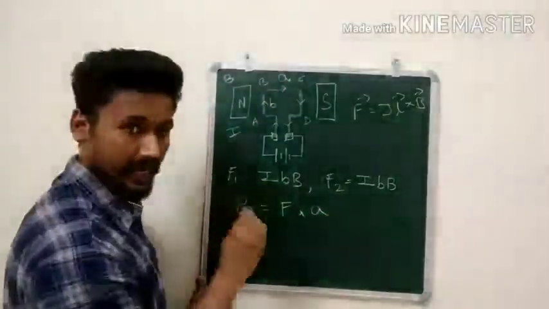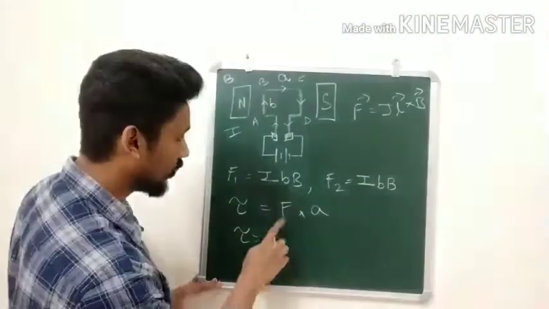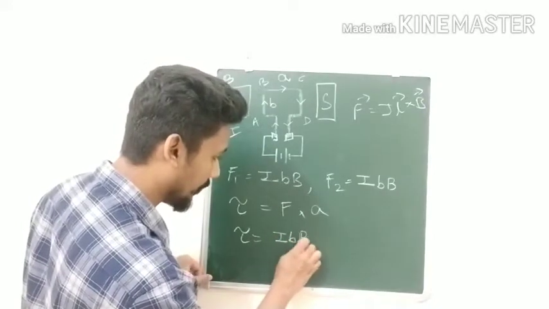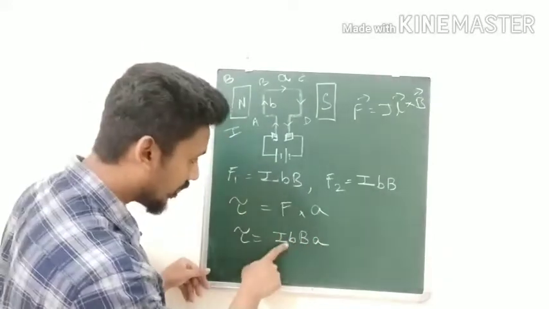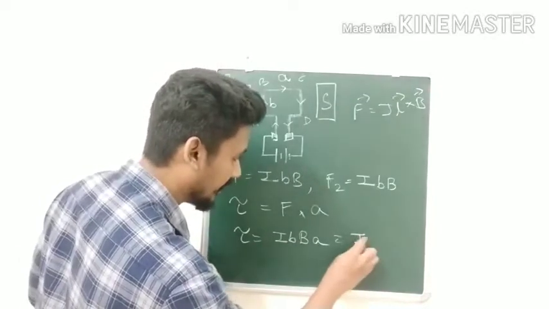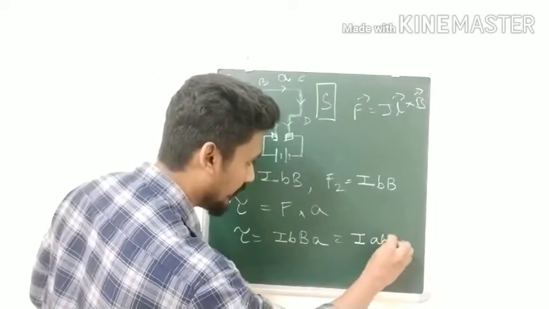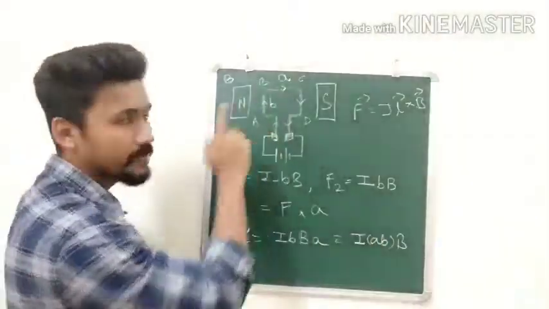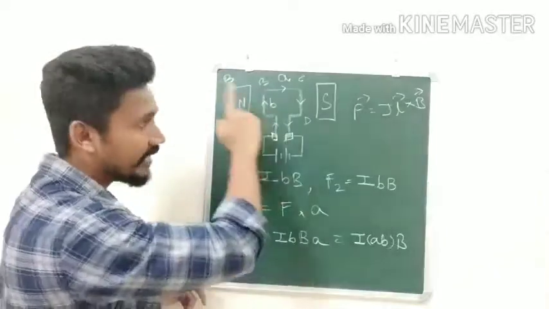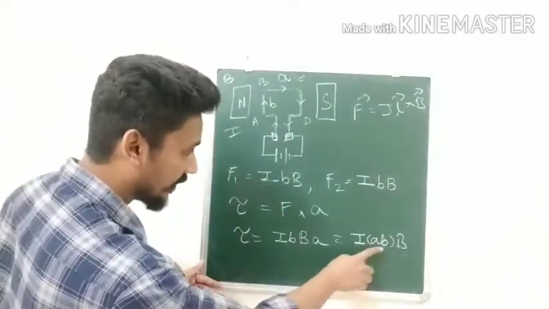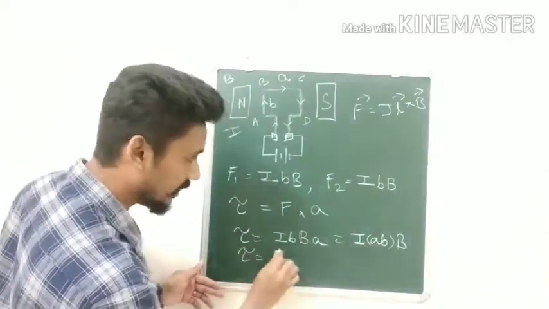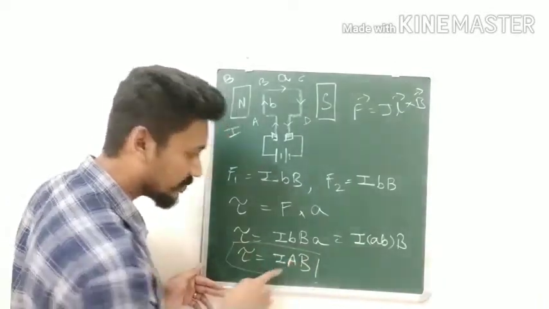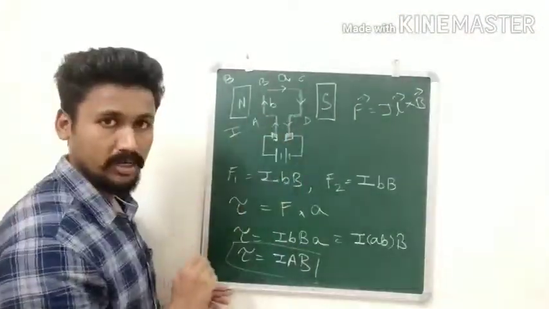It is equal to A. So I can write torque is equal to I into small b into capital B multiplied by A. Or if I rearrange this, I will write it as I into AB multiplied by capital B. Now A into B, that is length into breadth, is nothing but the area of our loop. So I can write this as capital A, and so I get torque is equal to I A B. This expression will give us the torque acting on our loop.